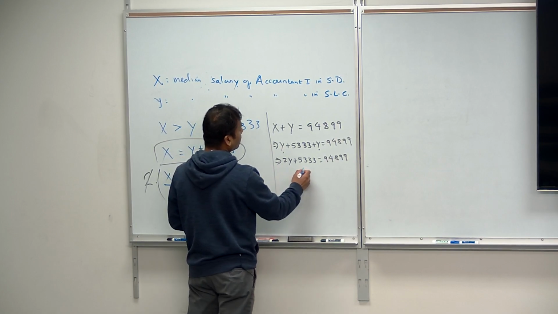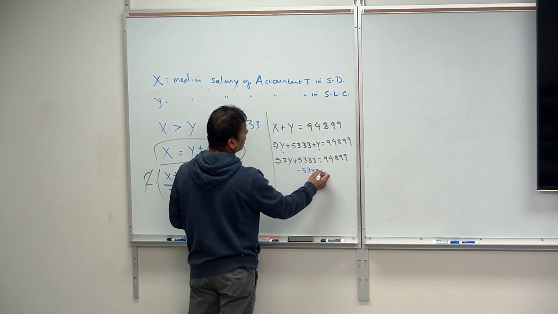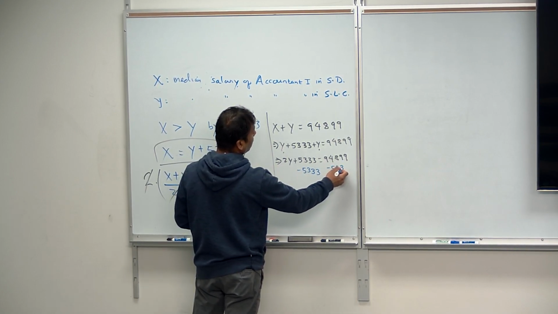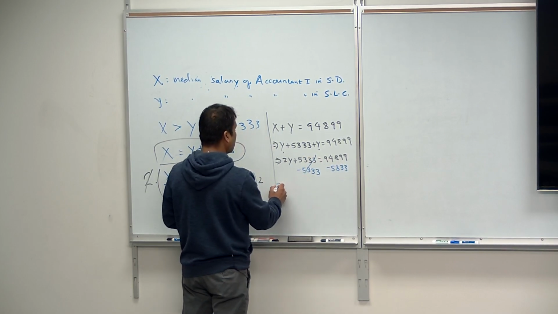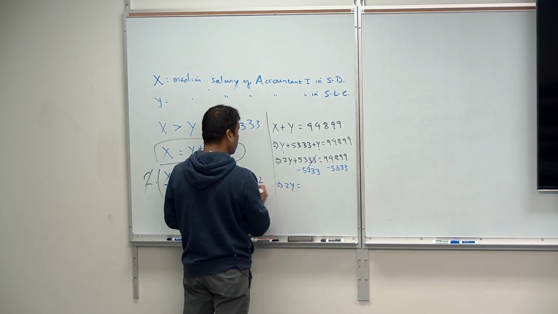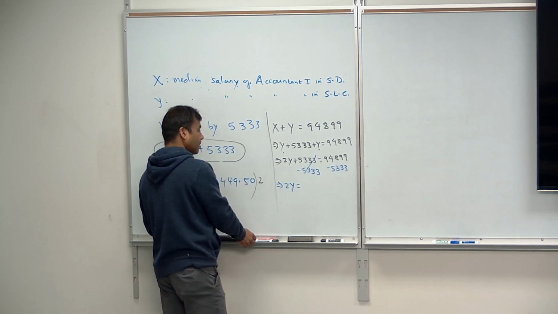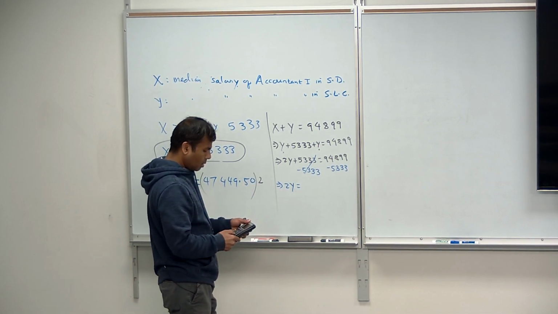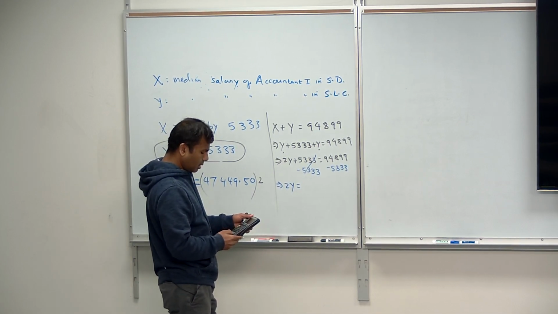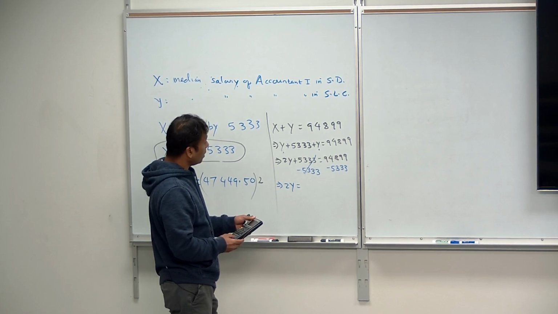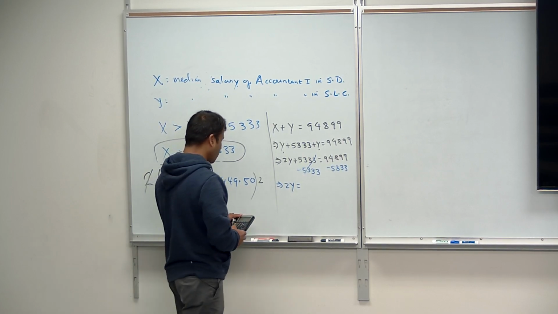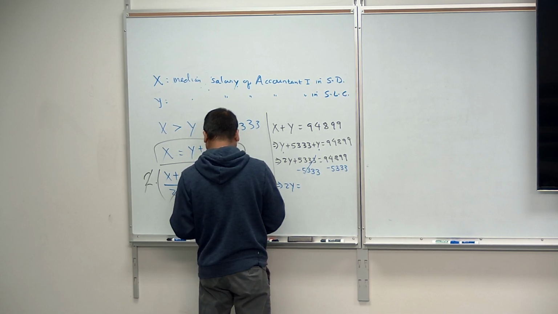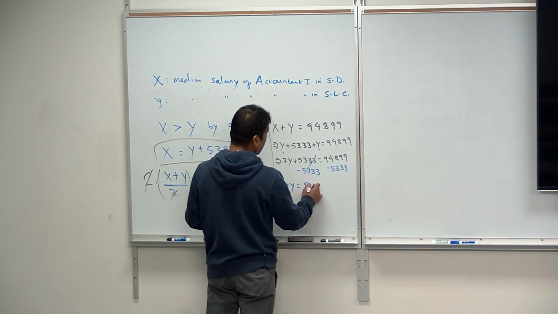So you subtract both sides by 5333. You cross them out. So 2Y equal to, so what is that? 94899 minus 5333. So that will be 89566. That is 89566.